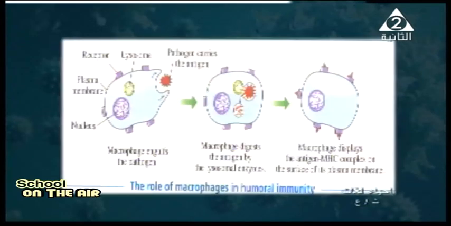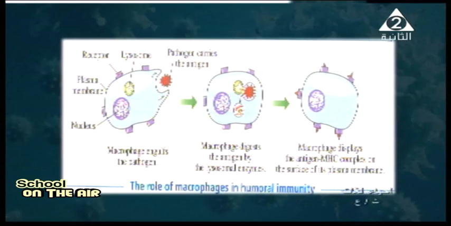Now we are going to see what happens in this figure: the role of the macrophage in humoral immunity. This slide shows what we said in the last slides. Number one, this is the macrophage. This is the lysosome. These receptors are found on the outside of the macrophage.